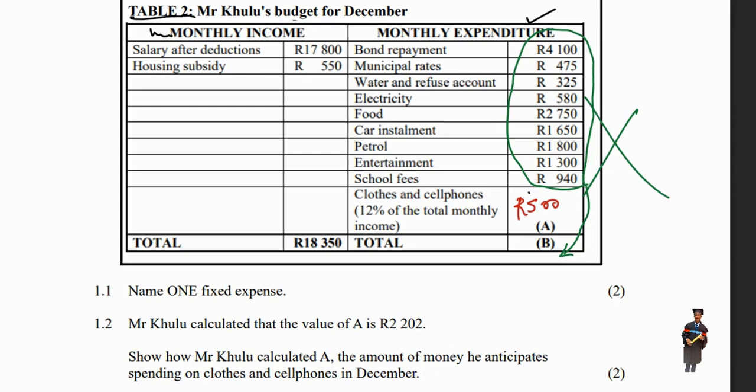When you calculate the total or the value of B, you add everything, including the value of A that you have calculated yourself. So please do not make that mistake. You add everything in this column when you want the total or the value of B. I hope we are together. I hope you are following very well.